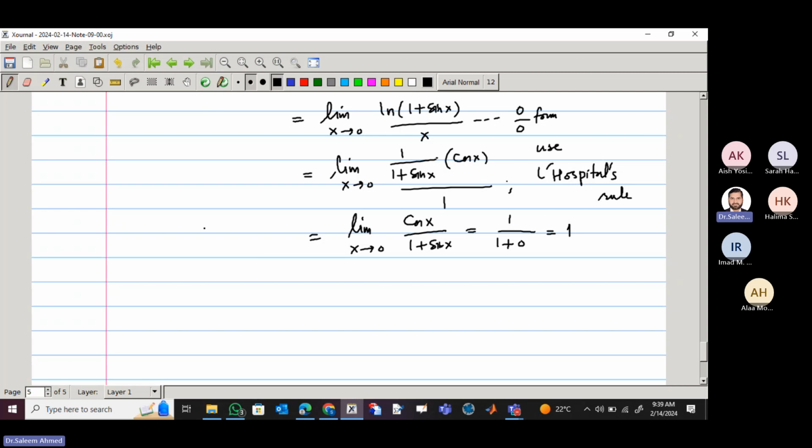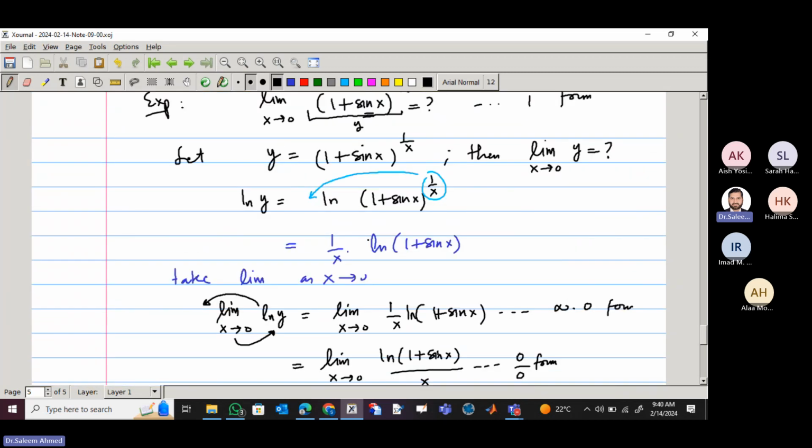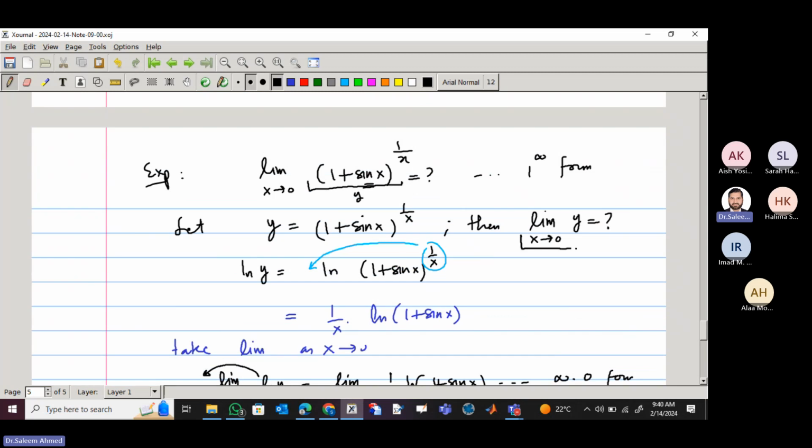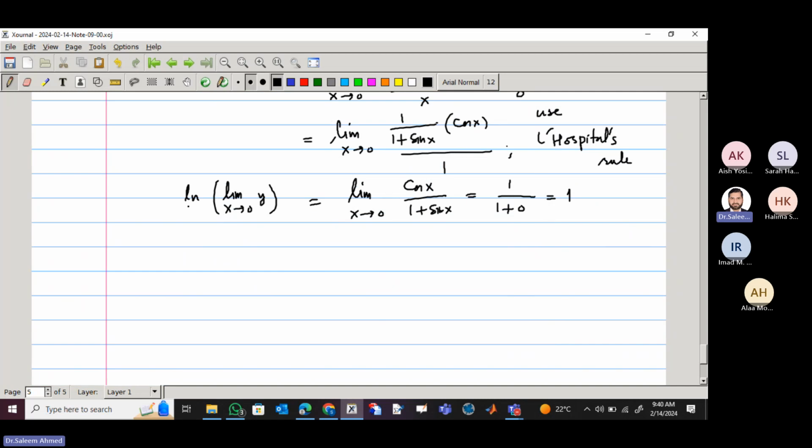But this answer is log of limit x goes to 0 of y. You see why this is the case? Because the limit can go inside the logarithm, so we can write the log outside and bring the limit inside. My question was, what is the limit of y without the logarithm? So I can send the logarithm to the other side.